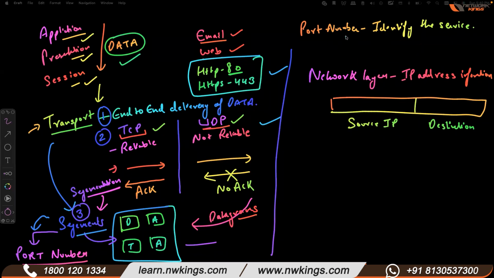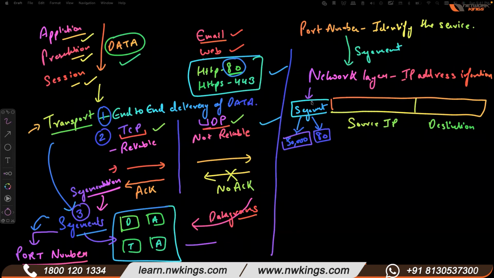So when this segment comes to this layer, the segment is here. And inside the segment, we are already saying which port number we are using. Suppose we are accessing a website, port number 80; the source port and destination port are already added here, right? Maybe 50,000 is my source port number and the destination is 80. So these are port numbers inside the segment.